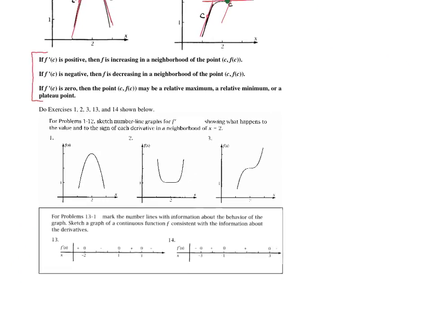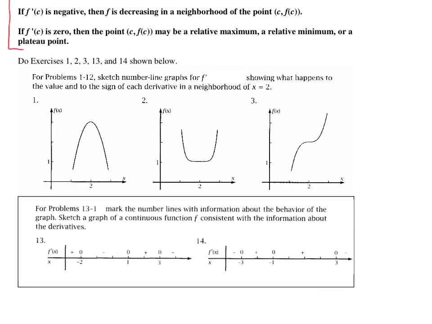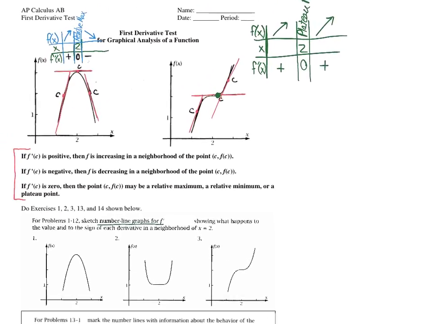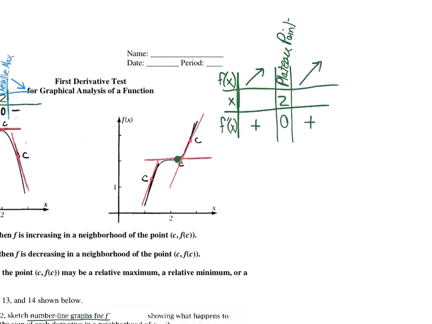Alright? So our sign diagram, or down here it says number line graphs for f prime. That's like what we did above there. If you don't like putting the actual boxes, another way that you could write that, I'll just show you here, tends to make sense with some people a little bit more.